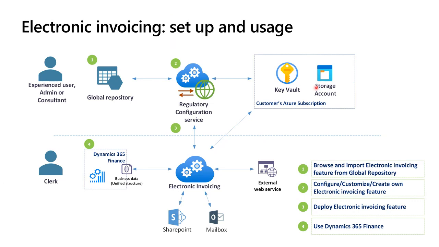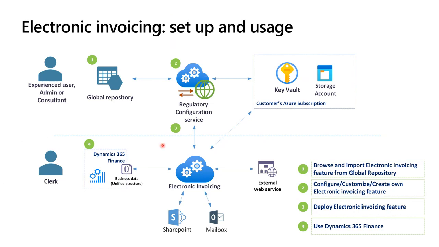You will also need to access your Azure subscription account to configure your storage account and upload your digital certificates into a Key Vault. So you will need to create secrets and certificates and then use them in RCS.